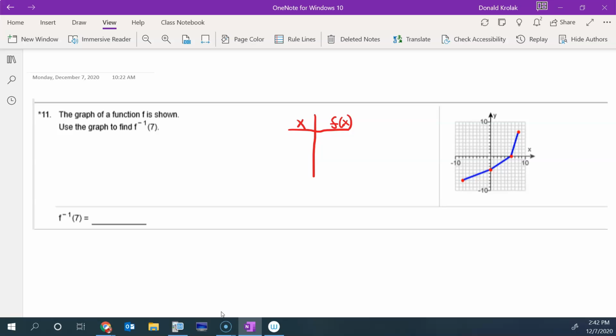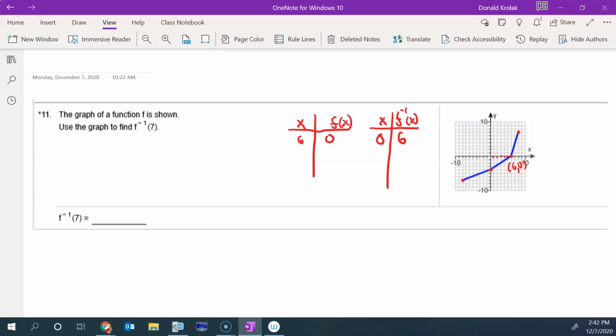If I, for example, look at this point, 1, 2, 3, 4, 5, 6, that's the point (6, 0). If we did the inverse, this would be 0 and it would go back to 6.